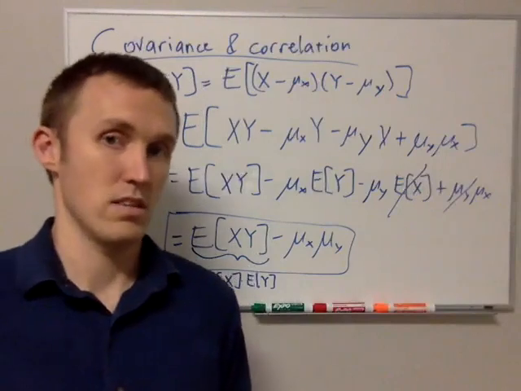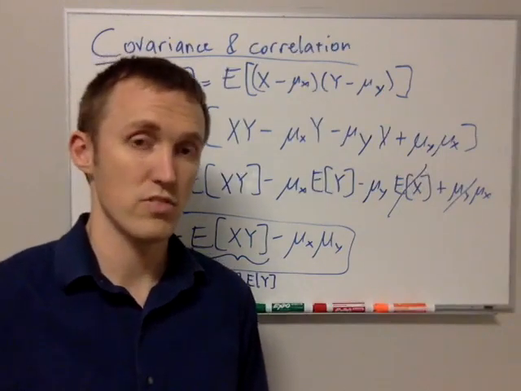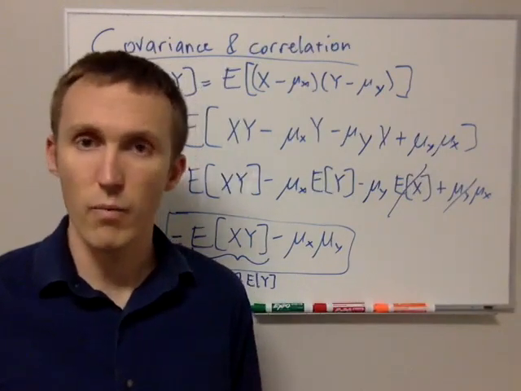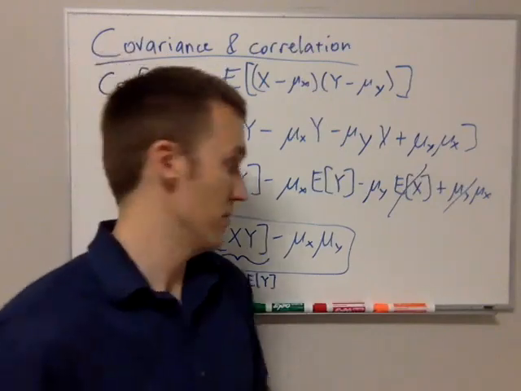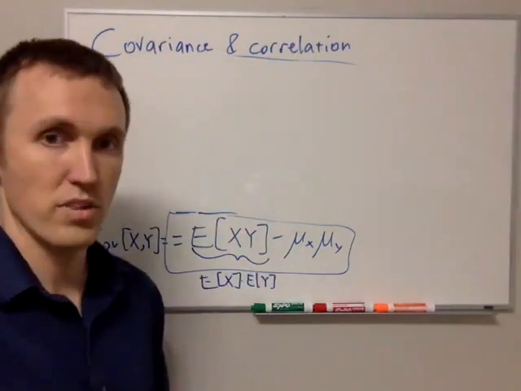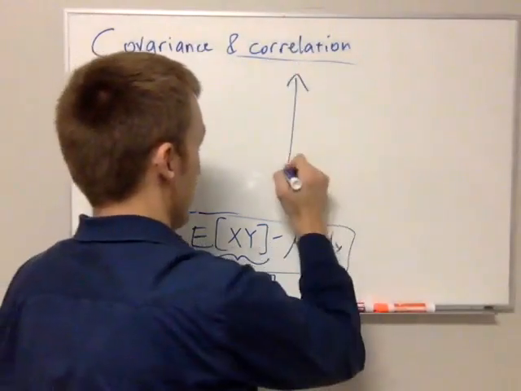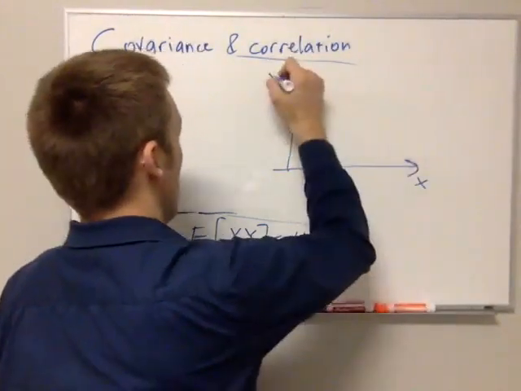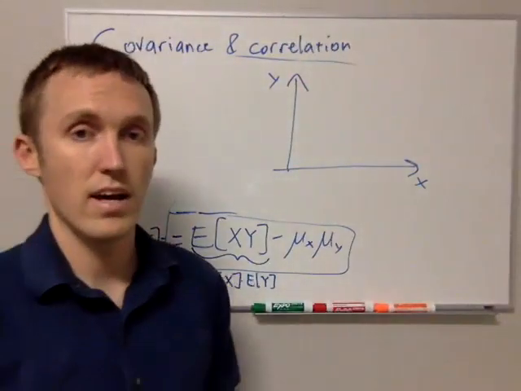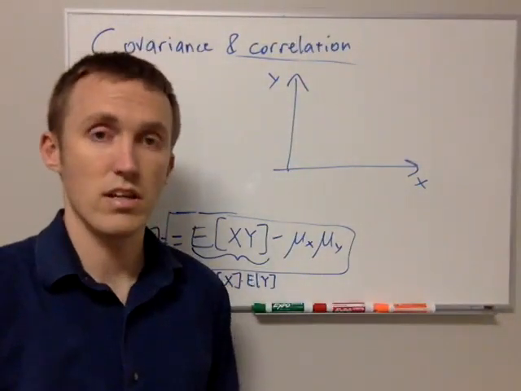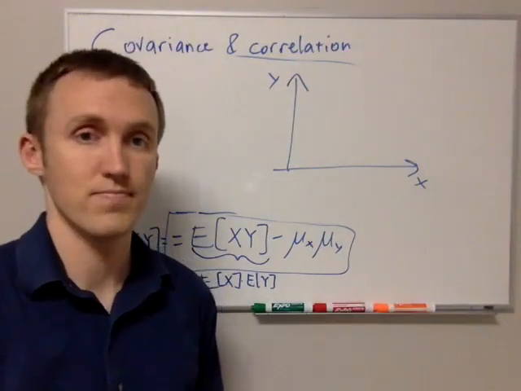However, that does not mean that two variables for which the covariance is equal to 0 are independent. For example, let's say we have two variables, x and y, where x is a Gaussian and y is equal to x squared.